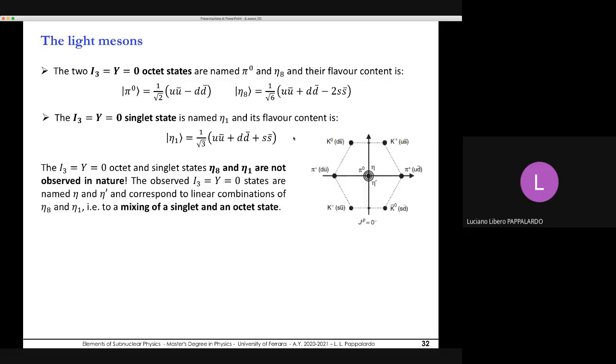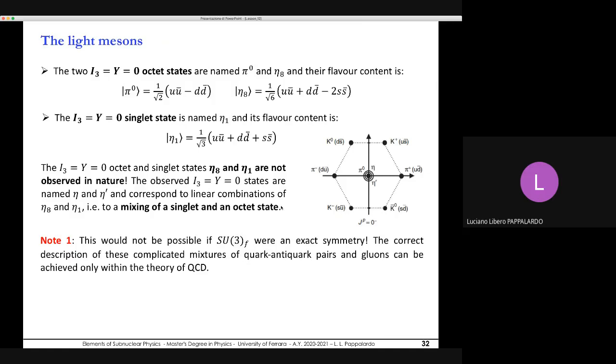Now, what is the peculiarity here? The thing is that the eta 8 and the eta 1 mesons are not observed in nature. What one observes are 2 different objects that we call eta and eta prime, which are actually linear combinations of eta 8 and eta 1. And so they result from the mixing of a singlet state and an octet state. So these pure states we don't observe in nature, but we observe the mixed states, where mixed means that there is mixing between the octet and the singlet state.